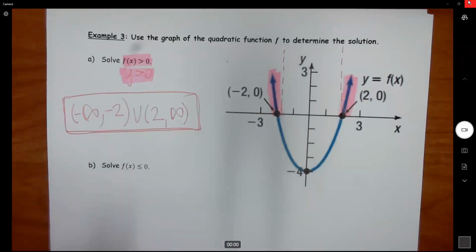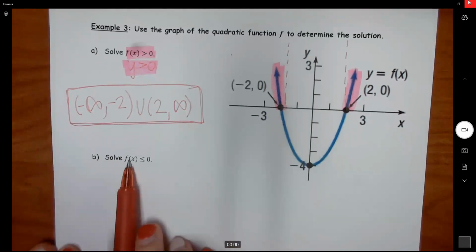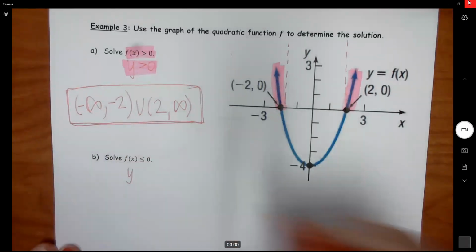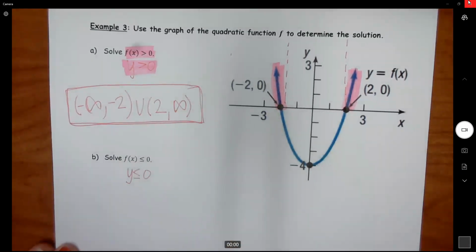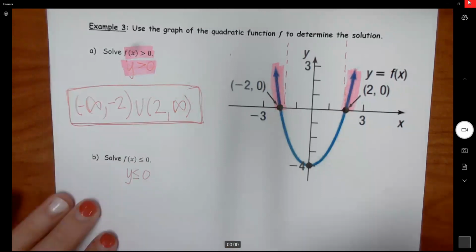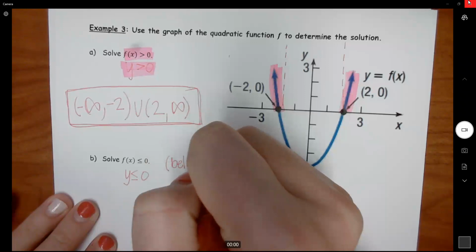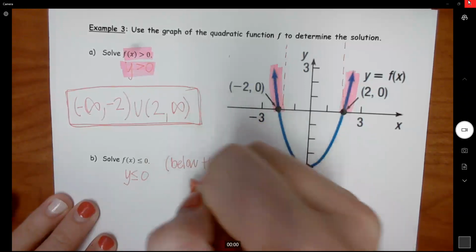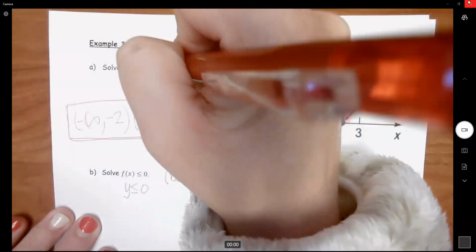So now this is saying the exact opposite. Now we want to know when f of x or y is less than or equal to 0. So this is everything below the x-axis. This was everything above.